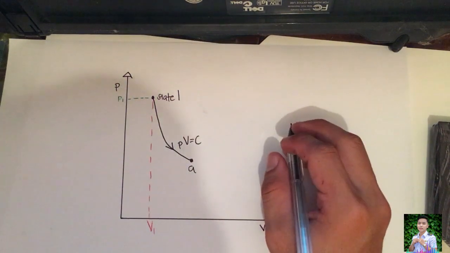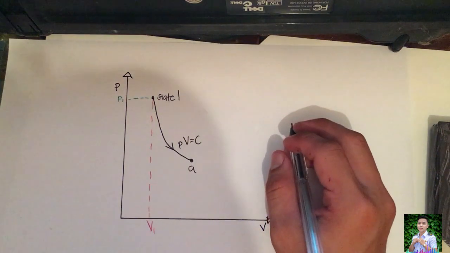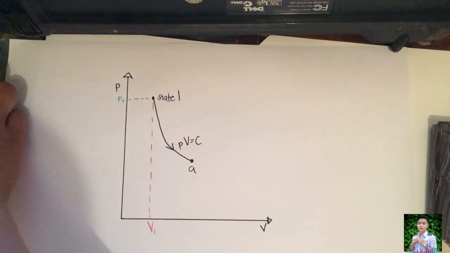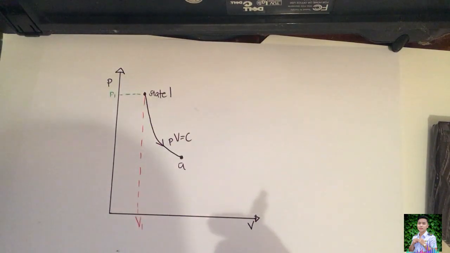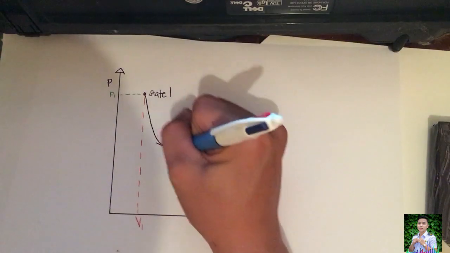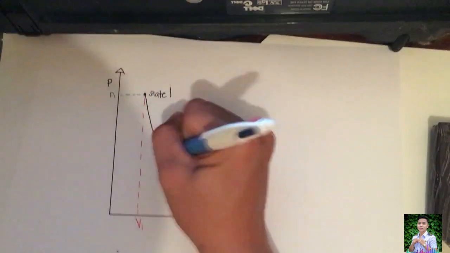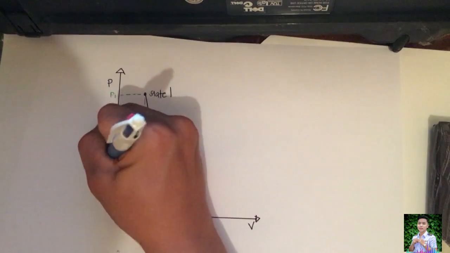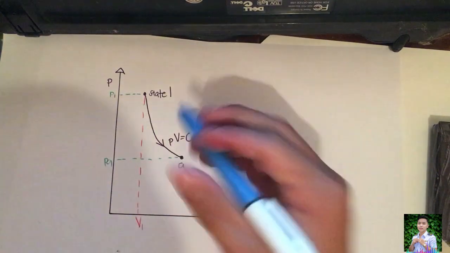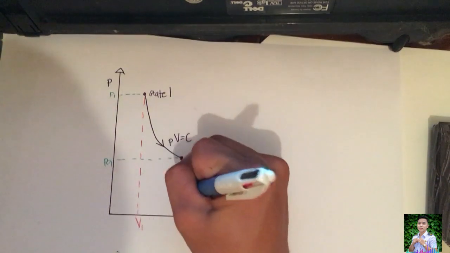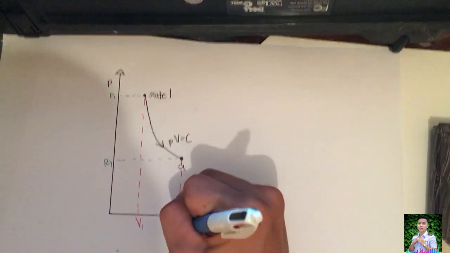Now, we have the properties of ideal gas in intermediate state. The properties are PA and VA.